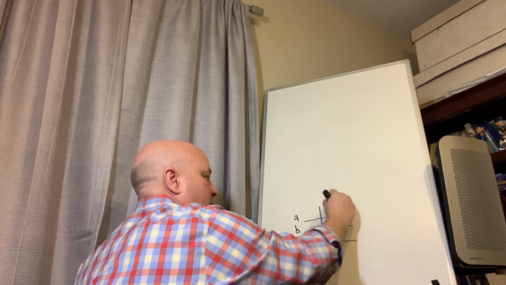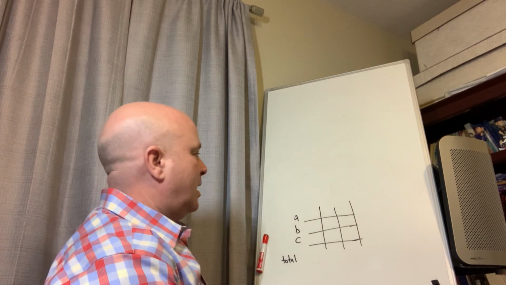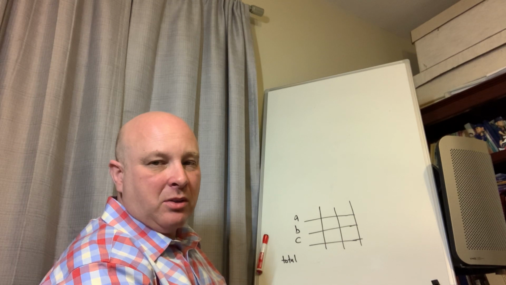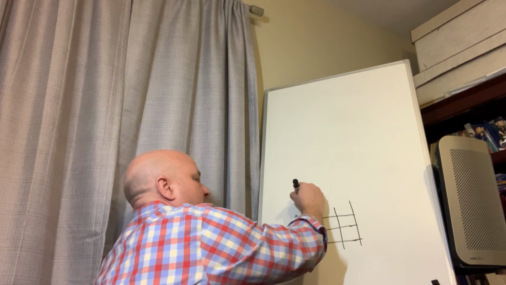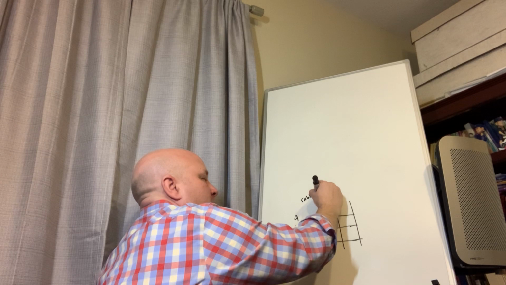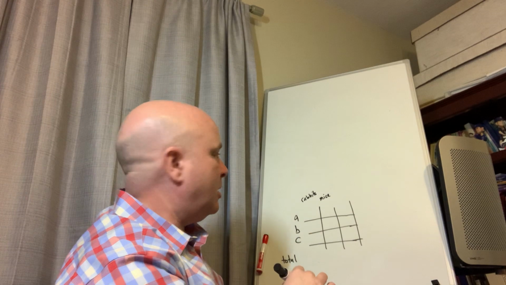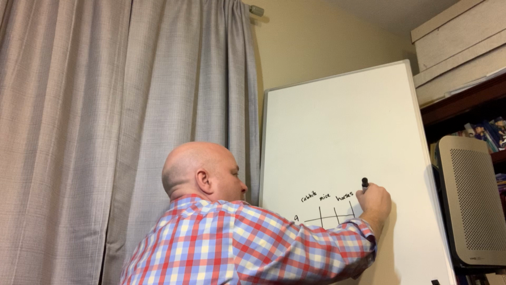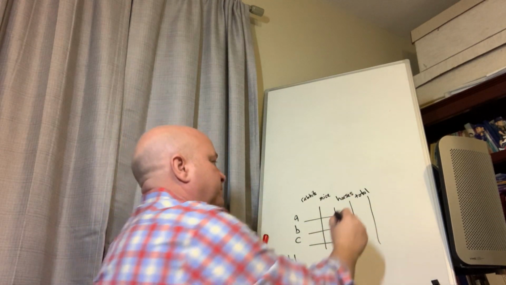And then I've got some characteristic. Let's say that we're talking about certain numbers of pets. So let's say we've got, I don't know, rabbits, mice. Some people like mice as pets, I don't. And let's say we've got horses. And then we've got over here a total, all right?